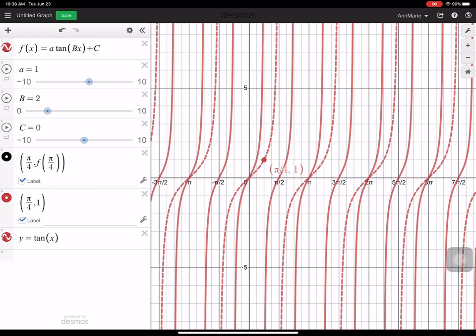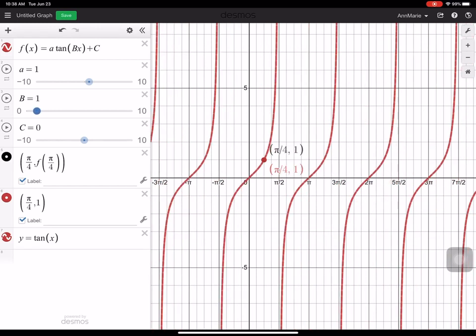So what I want you to notice is this. The period on this function with an internal multiplier is not pi, but pi over 2, because the observed period is the natural period divided by the internal multiplier. What happens if I make this be smaller?